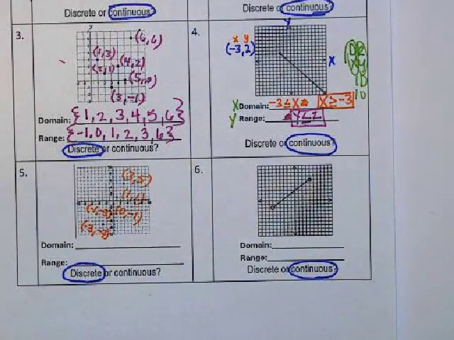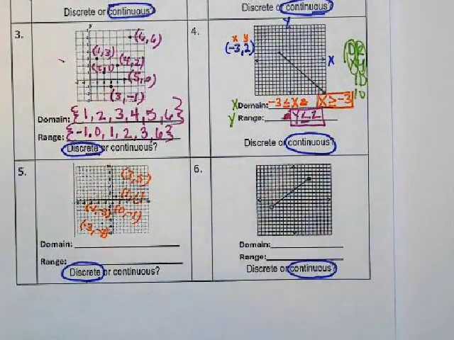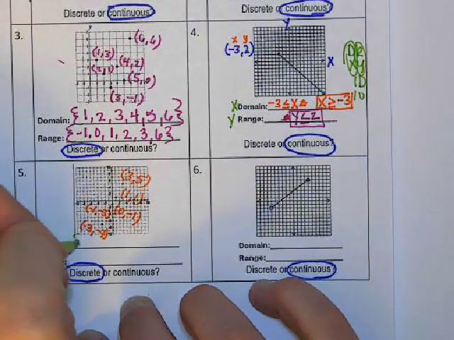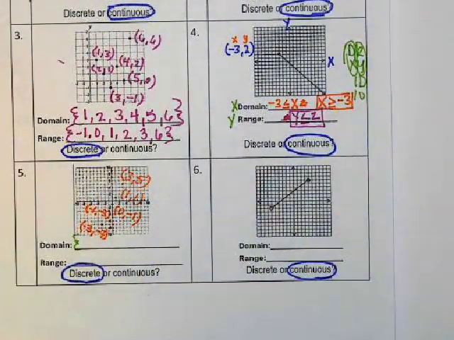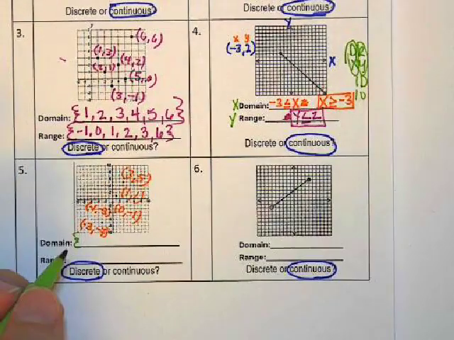So how do I write domain and range of dots? List them. So what do we have to have on each one? Brackets. Yes, you have to. If you didn't have to, I wouldn't tell you. Okay, squiggly lines, and I'm going to tell you all the x's.